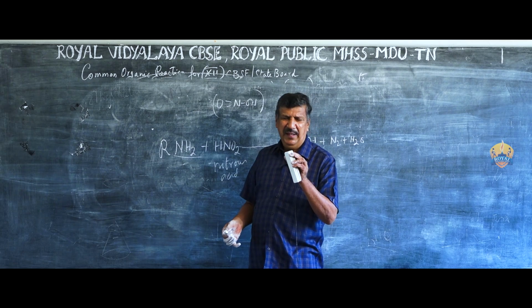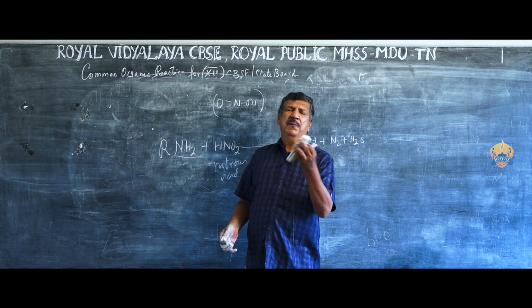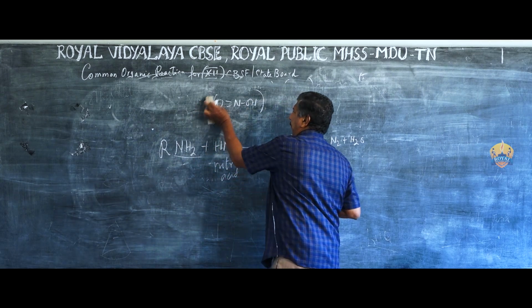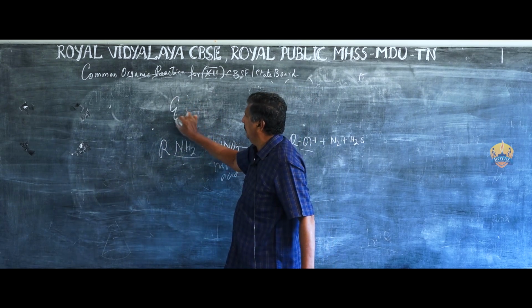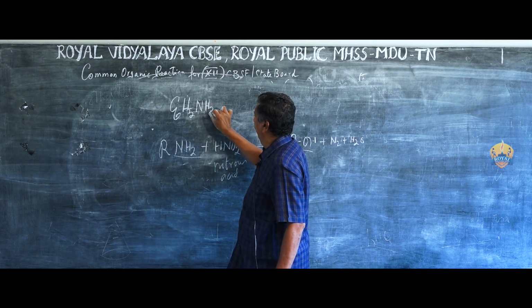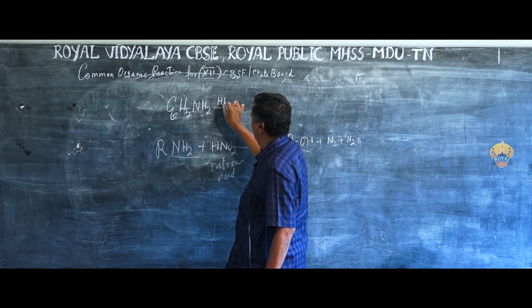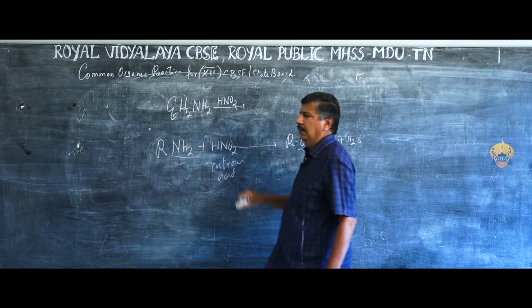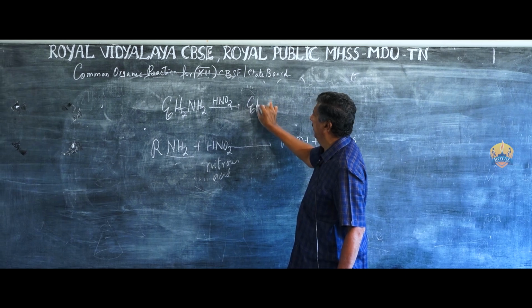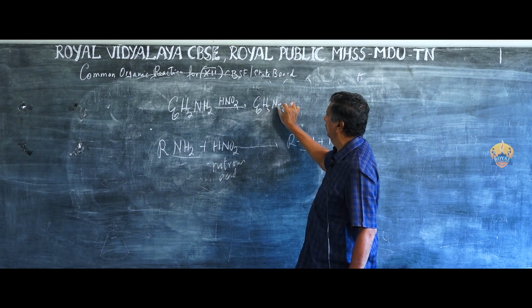But there is some abnormal case. In the case of aniline, when you treat it with nitrous acid, first it gives benzene diazonium chloride.